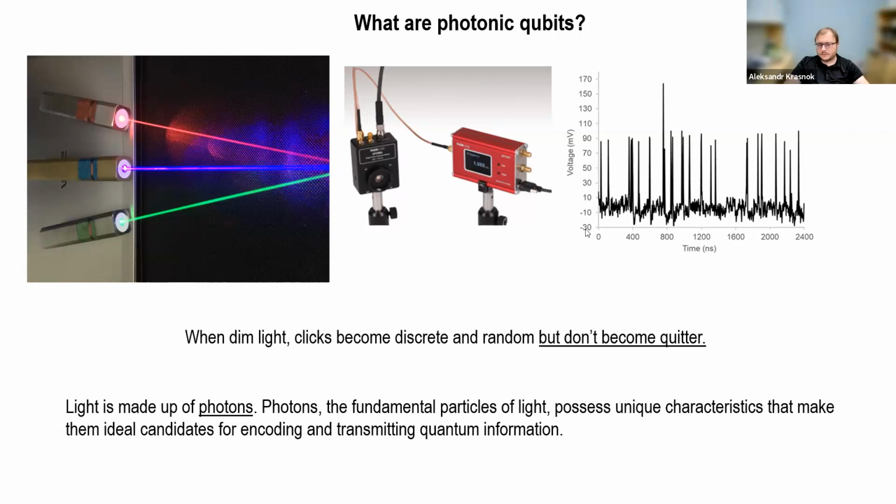But due to this absorption of light, the amplitude of each spike doesn't change. So it indicates that the light consists of photons, and the photons are absorbed as a whole.